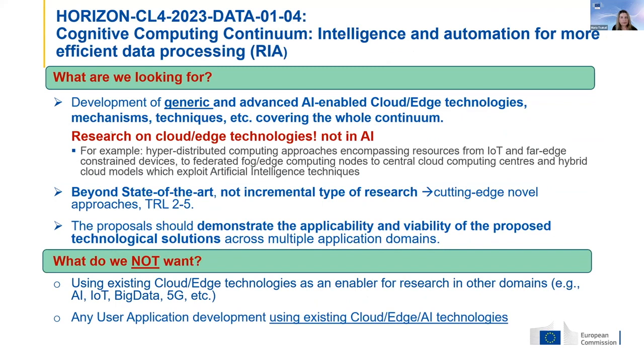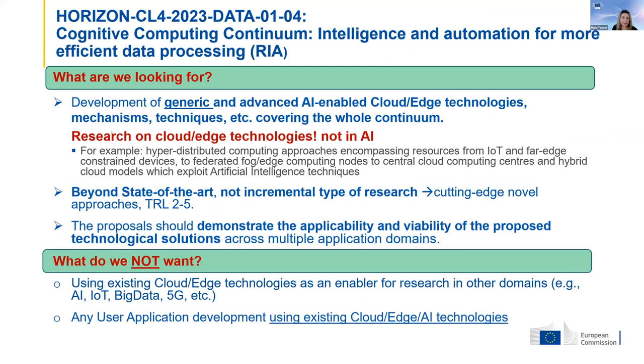In summary, what we're looking for, and we have always been stressing this in all our topics, is that we would like to see development of generic and advanced AI-enabled cloud-to-edge technologies, mechanisms, techniques, and so on, this time covering the whole continuum.